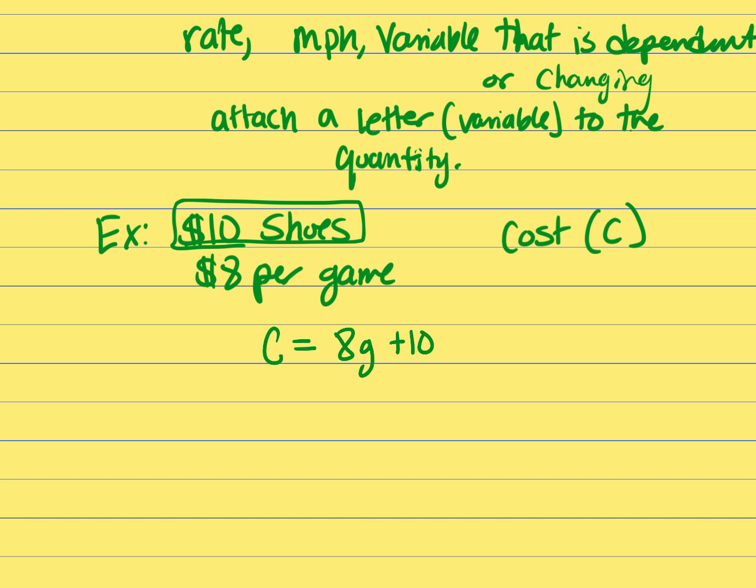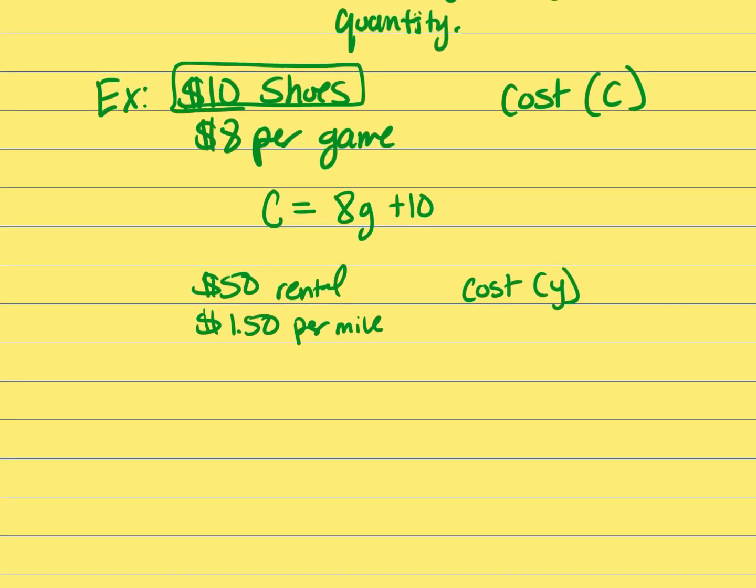Like, oh, it's $50 to rent a car, just for the rental. But it costs $1.50 per mile. Give me an equation for the total cost using the letter Y. Y equals what? 1.50M plus 50, because you only pay that once, right?